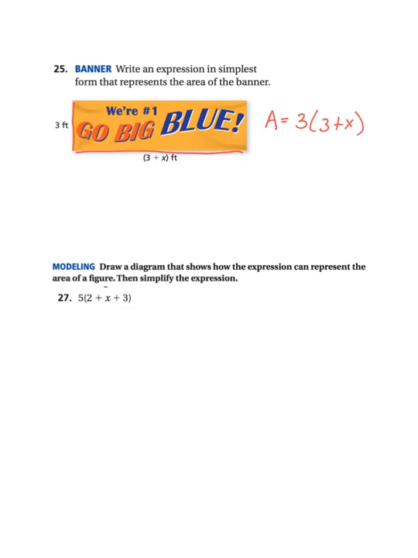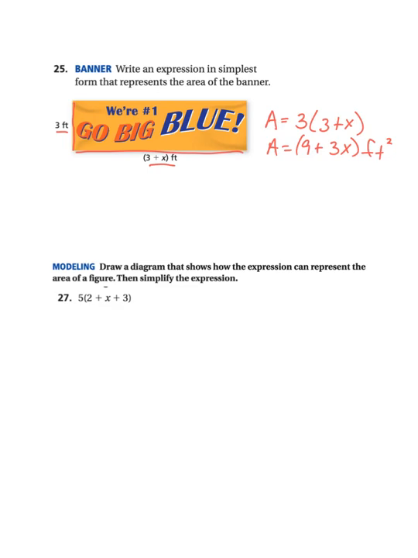Now we need to simplify this so that our area equals, we'll distribute that 3, 9 plus 3x, and my units here is square feet because I had 3 feet times 3 plus x feet, so my area should be in square feet.